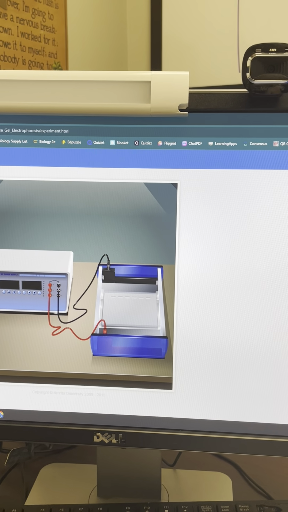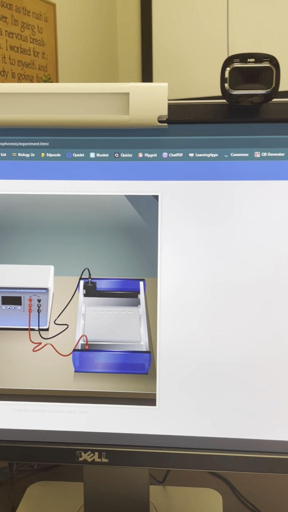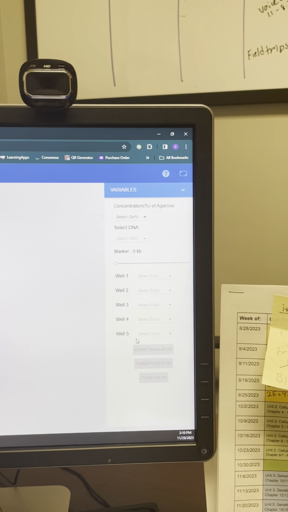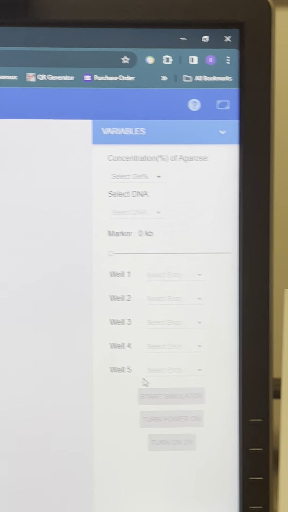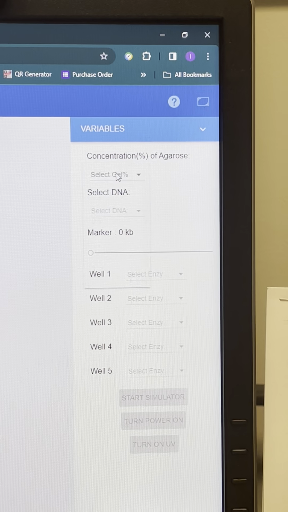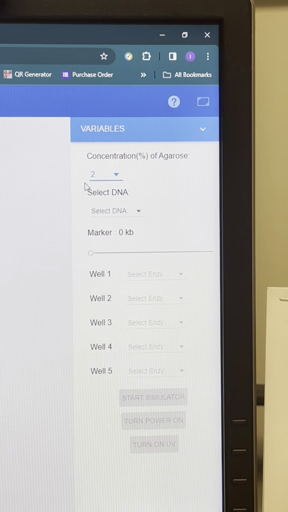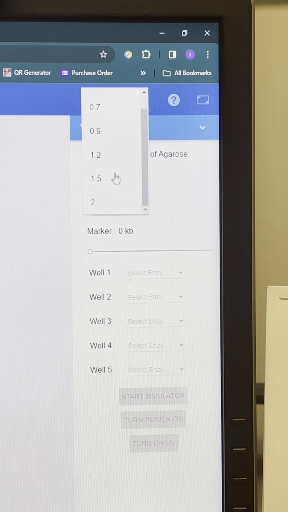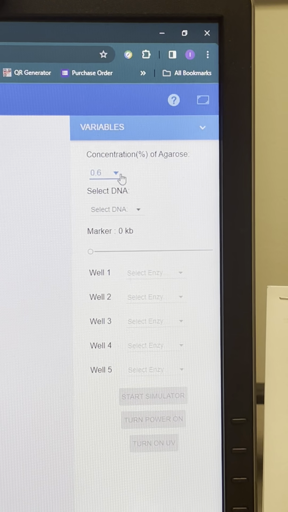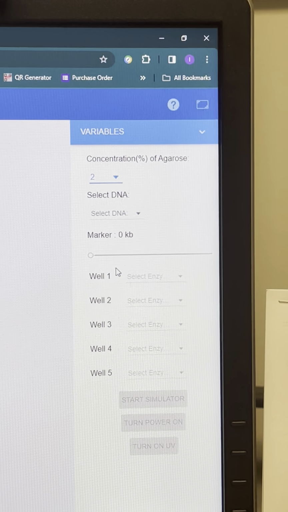Now, if I read the instructions here, it says number 2, use a concentration of 2% agarose. So I'm going to select my gel and I'm going to select 2%. 2% is pretty standard. It has the most resistance, whereas 0.6% would have the least resistance. So I want 2%, that's what the instructions say.